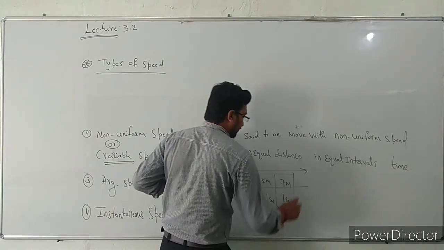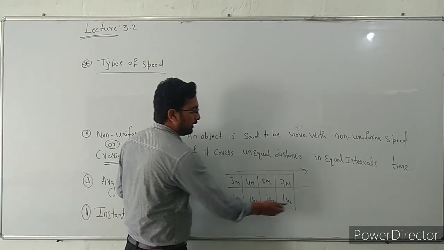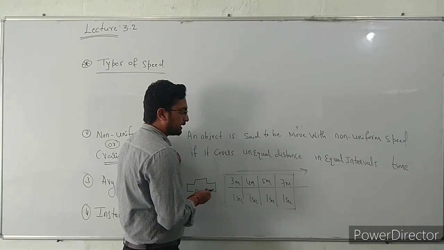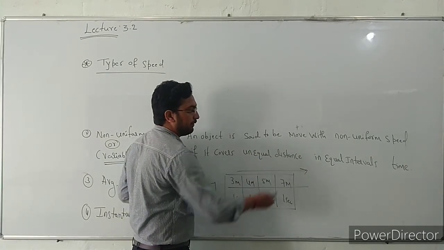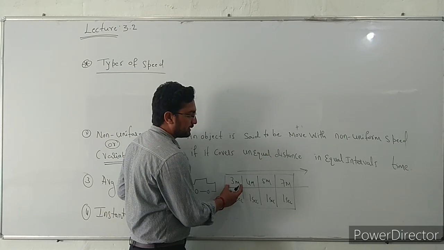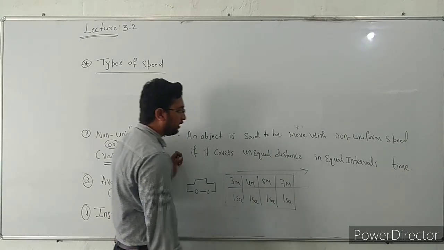So here the time interval is the same, but the distance covered by the object is different. So unequal distances are covered in equal intervals of time.